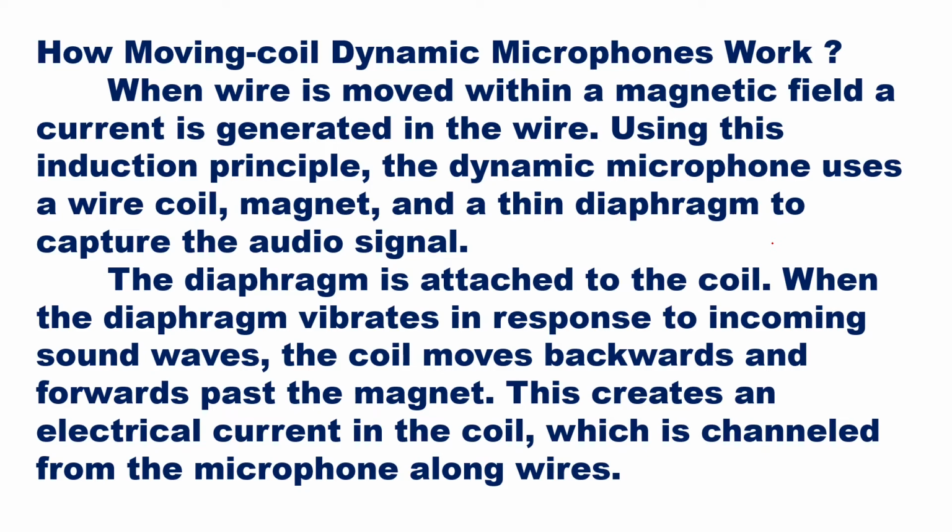The diaphragm is attached to the coil. When the diaphragm vibrates in response to incoming sound waves, the coil moves backwards and forwards past the magnet. This creates an electrical current in the coil. This is important: the movement of the coil in the permanent magnetic field will induce a current in the coil, which is channeled from the microphone along the wires.